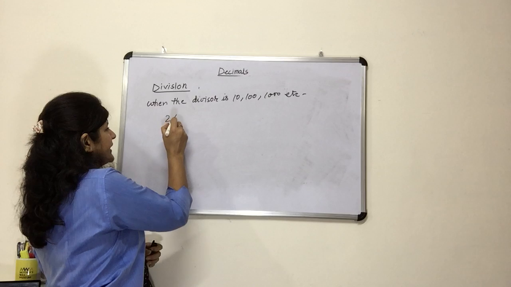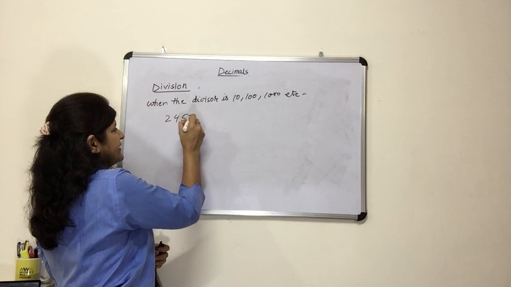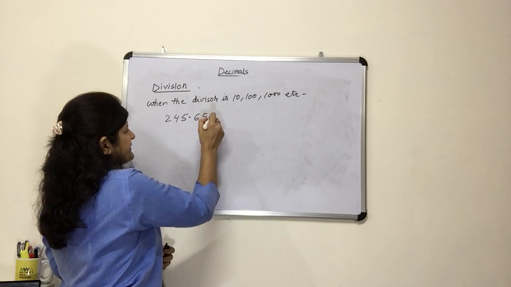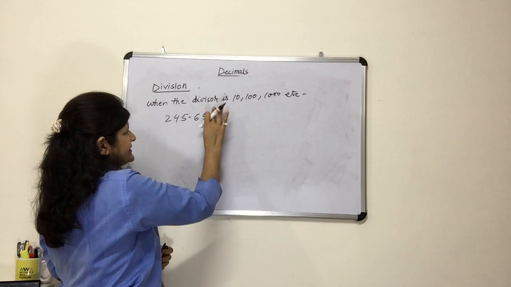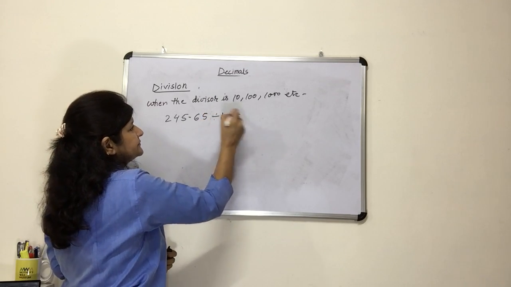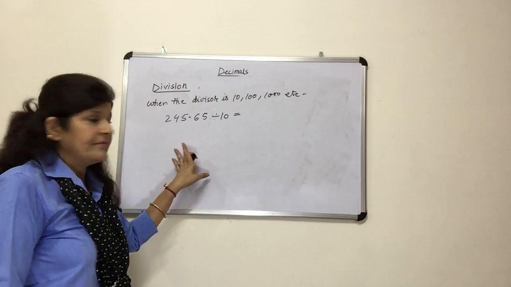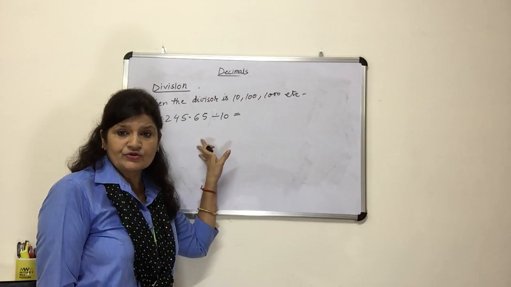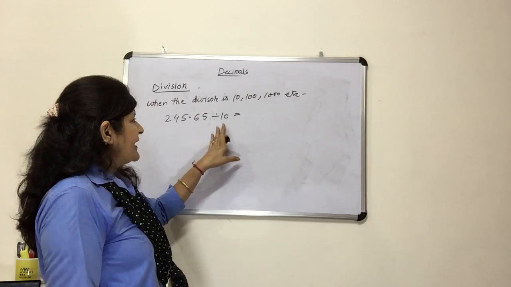Suppose again I am just writing 245.65, right, divided by 10.